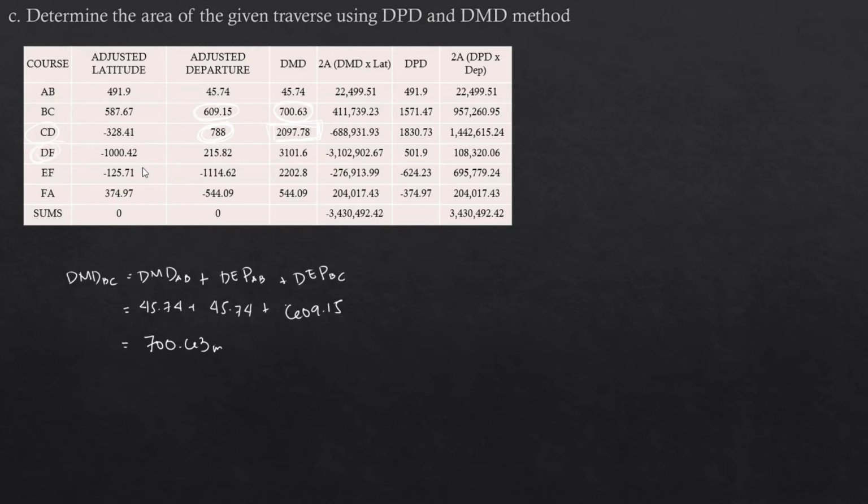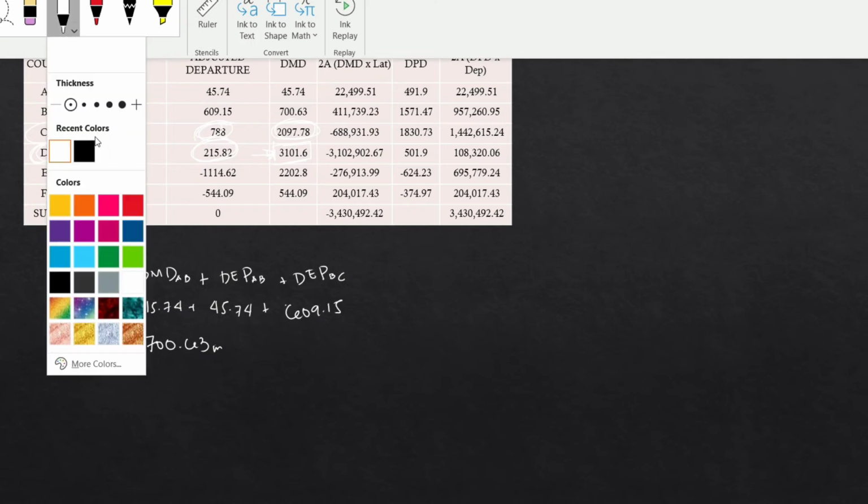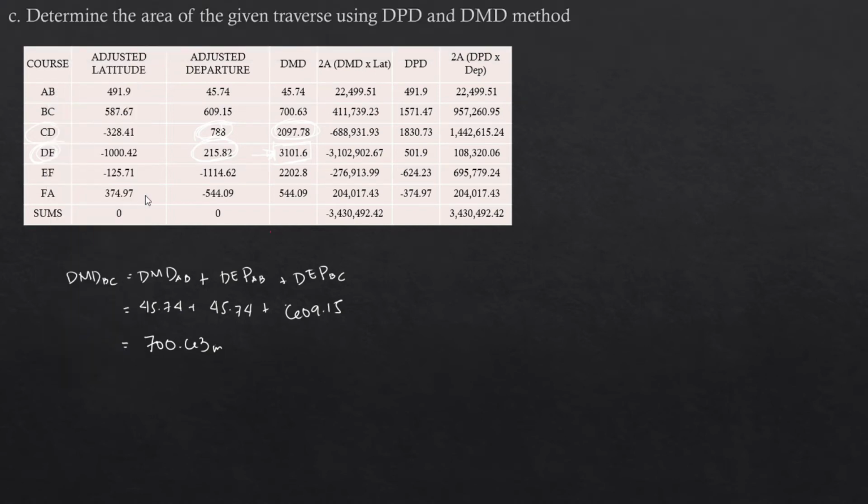Sa course DE. Okay. So, ganun ulit. Kung ito ang hinahanap natin, yung DMD ng course DE, add nyo to, saka ito. So, ganun lang. Ang kakalabasan, ito. Okay? Then, next, ito naman hinahanap natin. Ipag-add nyo lang yung preceding DMD, preceding departure, then ito, ang kakalabasan ay yung DMD ng EF.